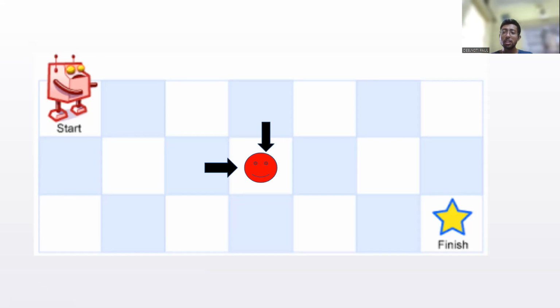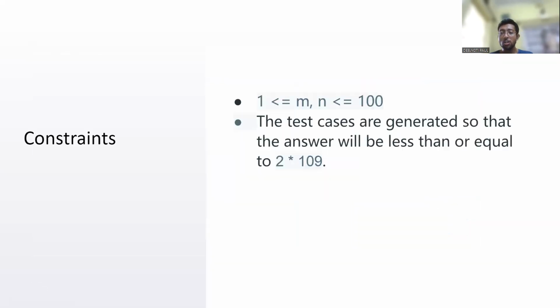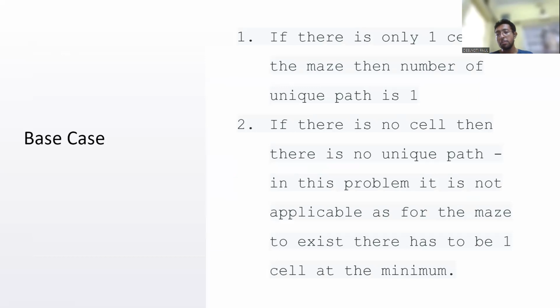We'll come to that, but this base case will help us initialize. Also, the minimum value of m and n can be 1. If there is no cell in the maze, then there is no way you can traverse. But here we are given m equal to 1 and n equal to 1 as the minimum count, so in that case the minimum answer will always be 1. This is a base case that we should be aware of to solve this problem.